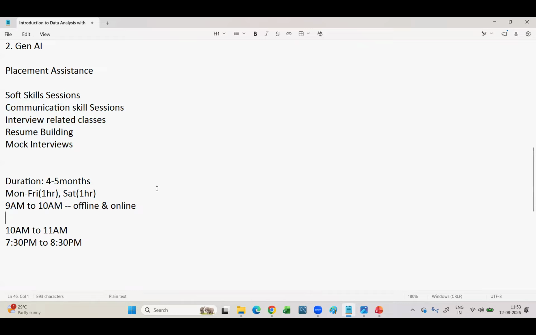Suppose your batch is at 9 to 10 o'clock, some other student might be in 10 to 11. We need to cover these interrelated classes for both of them, so the time will be chosen where technical classes are not there.